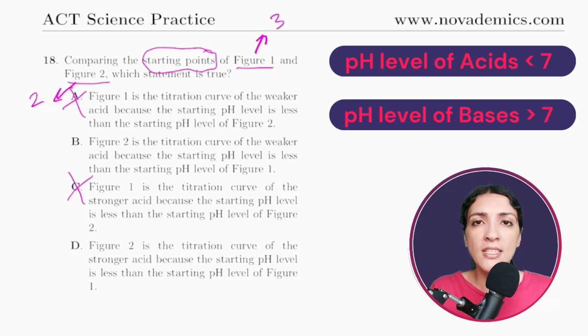Now for acids, the smaller the pH level, the stronger the acid. So let's look here. Which choice would convey that? Given that figure 2 had a smaller pH level, it was the stronger acid, which would lead us to choice D.